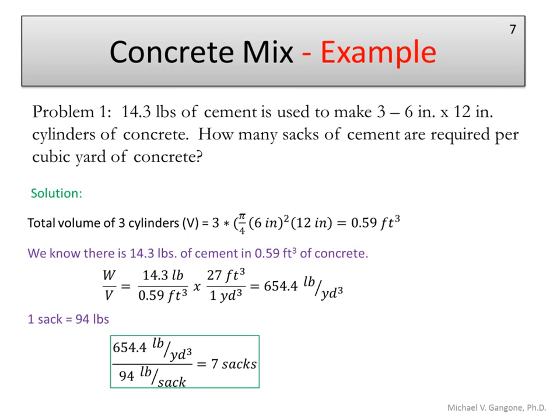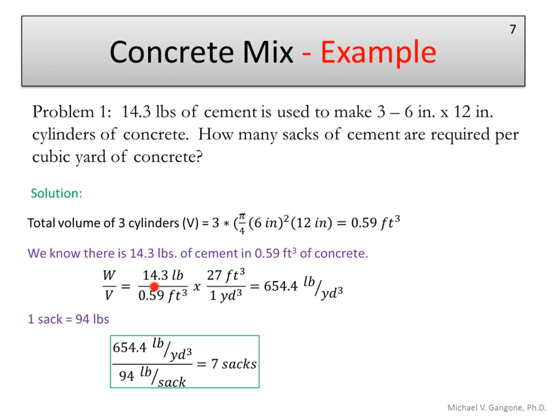All right, so here's the solution to our problem. We have 14.3 pounds of cement used to make 3 6 by 12 inch cylinders of concrete. In 3 cylinders of concrete, we have a total volume of 0.59 cubic feet, and we know that there's 14.3 pounds of cement within that 0.59 cubic feet of concrete.